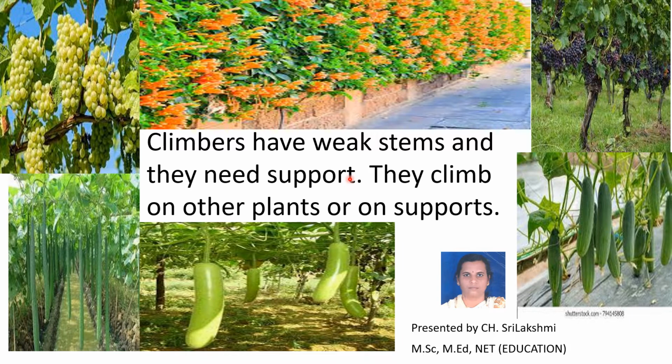Whereas in shrubs, the stem is very hard. Branches are soft in shrubs, but the main stem is a bit woody. If you take a rose plant, can you break it? No, because the stem is very woody.